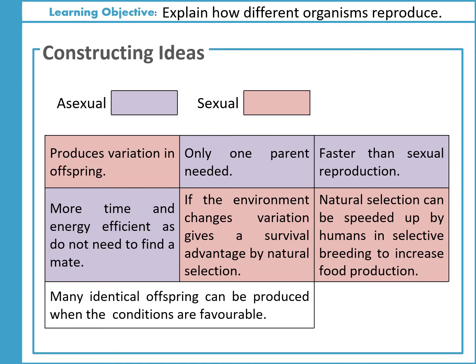So in the case of plants, if humans want a particular pair of plants to produce seeds together, they would take the pollen from one individual and brush it onto the stigma, the female part of another flower, and that would speed up the process of breeding, and it would ensure that the pollen of the chosen flower pollinates the chosen female flower.